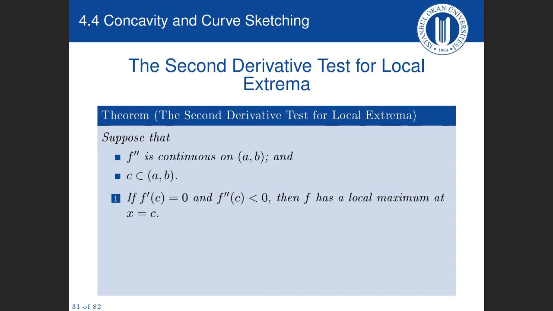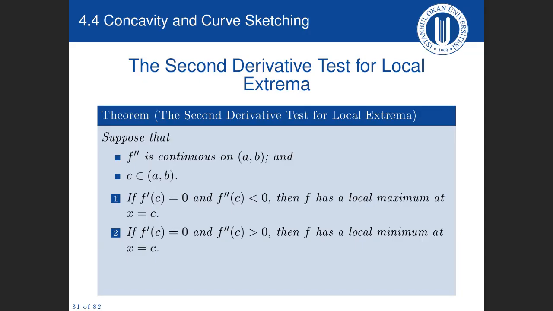If we know that f prime of c is equal to 0, so c is a critical point, and we know that the second derivative is less than 0, so we have a graph which looks like this. There's a critical point, and round about it, it's concave down. Then the theorem tells us that we must have a local maximum at c.